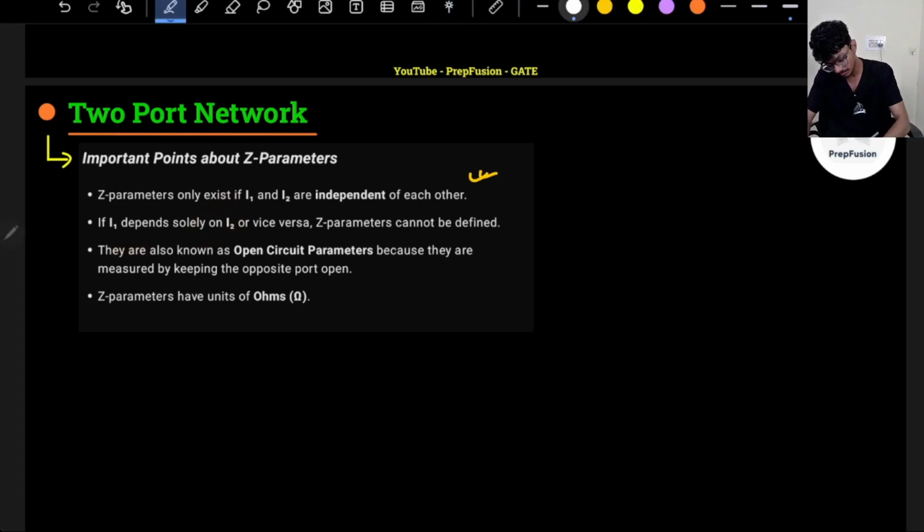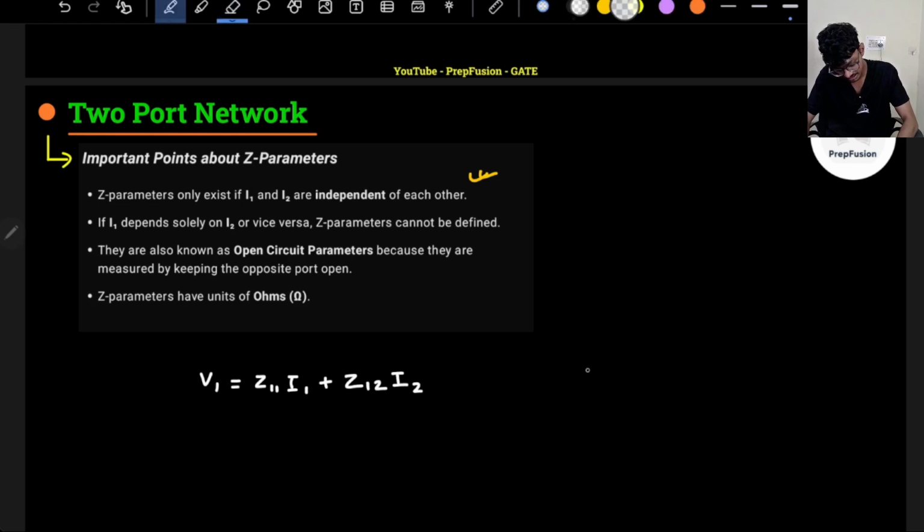So what are my equations? My equation is V1 equals Z11 I1 plus Z12 I2. If you say my I1 is some combination of I2, I1 is some x of I2, your equation will get converted like this.